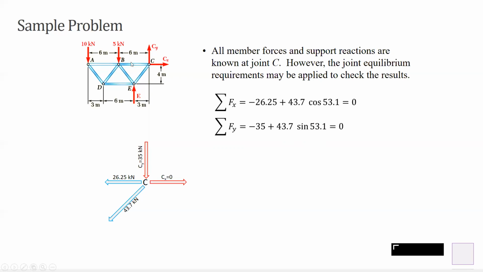So BC right here has to equal the 43.7 kilonewtons times the cosine 53, which gives us our x component, and that has to equal 0, and it does. Negative 35 in my y direction has to equal the component of this one in the y direction, and that does equal 0, and everything looks good.